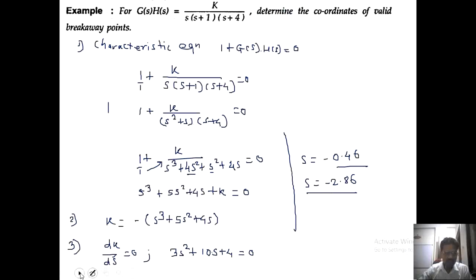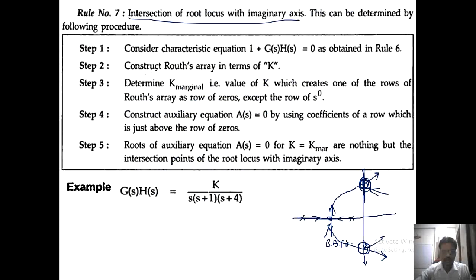Okay, the procedure is the same, 1 plus G(s)H(s) equal to 0, so you will get this characteristic equation in rule number 6. No need to calculate again. Then step number 2 is to construct the Routh array in terms of k. Now without solving that equation on the calculator, you need to construct the Routh array. Then step number 3, determine k marginal. You need to find out the value of k marginal.